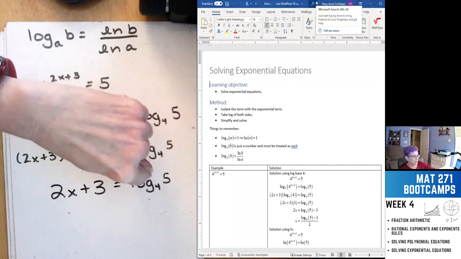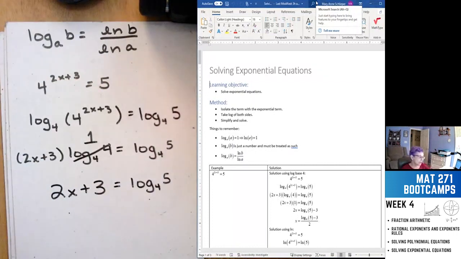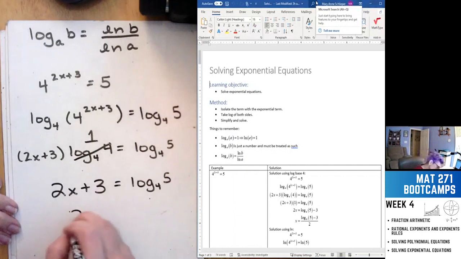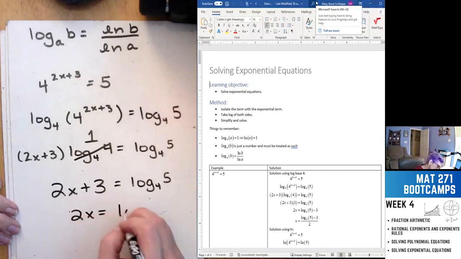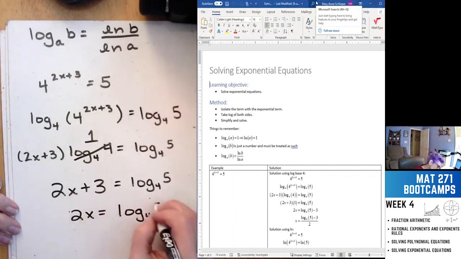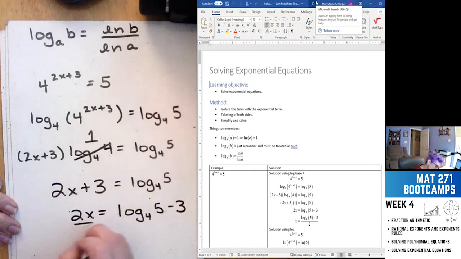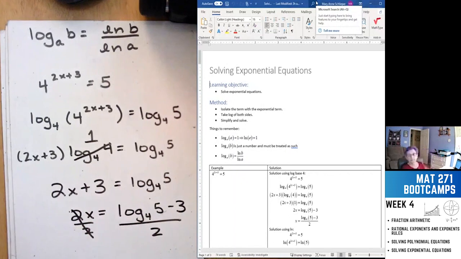It's a funny looking number, but I'm going to treat it just like I would any other number. I can subtract 3 from it, and I can divide it by 2. And now I have my answer, my exact answer.